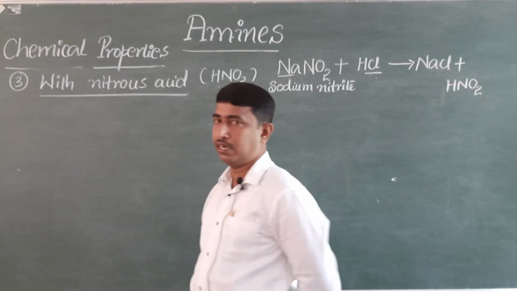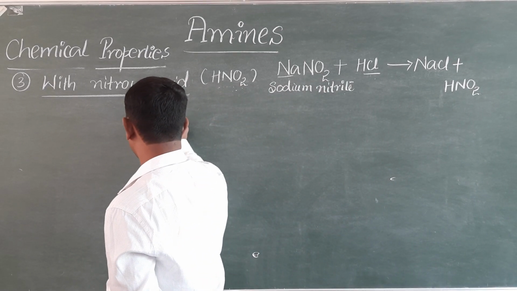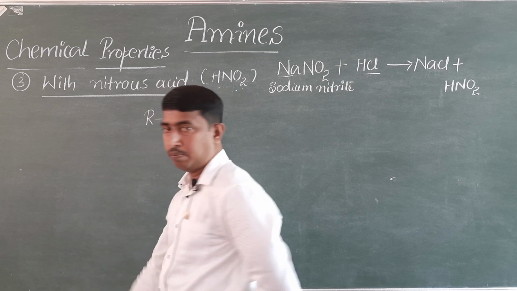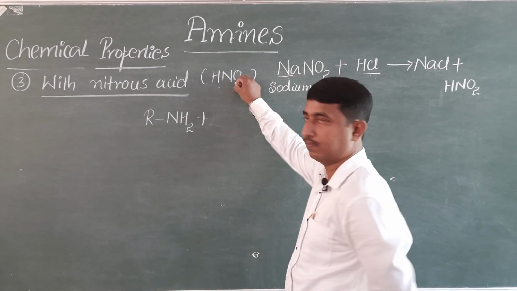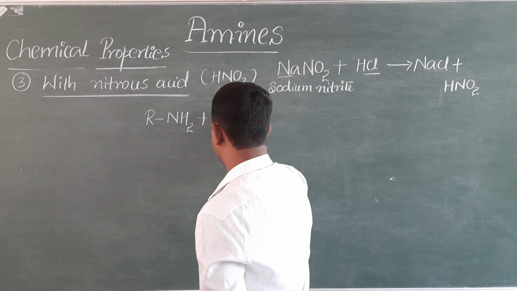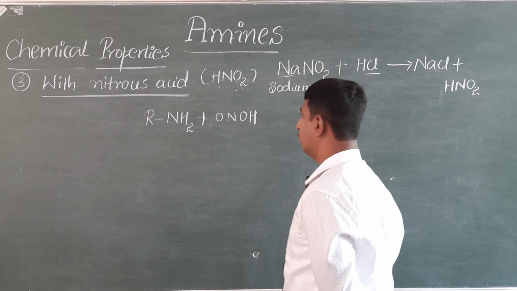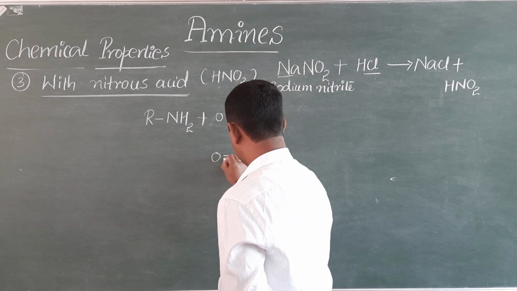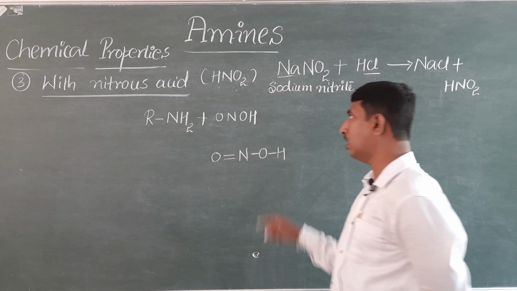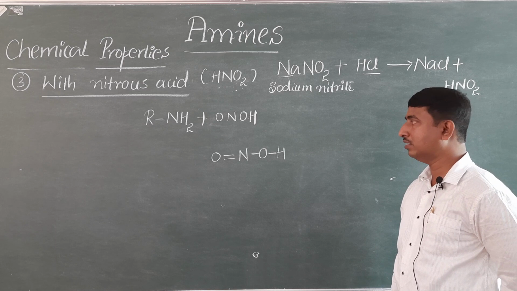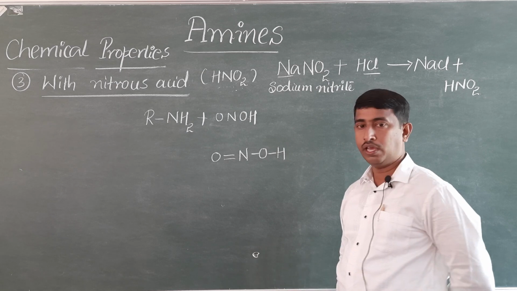Let us explain this reaction of amines with nitrous acid. An aliphatic primary amine, that is RNH2, reacts with nitrous acid. Nitrous acid can be written as ONOH. Why do we write it like this? O double bond N, single bond O, single bond H. This is the structure of nitrous acid, so HNO2 can be written as ONOH.